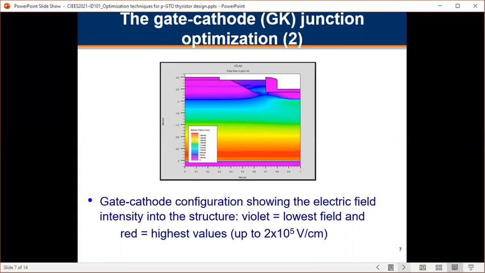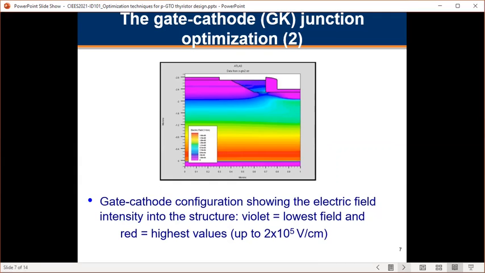In this figure, we see again the configuration for the gate-cathode junction. But this time the electric field intensity of the structure is shown. With violet color is the lowest field starting from 0, and with red color is the highest value of the electric field intensity, up to 2 times 10 to 5 volts per centimeter.